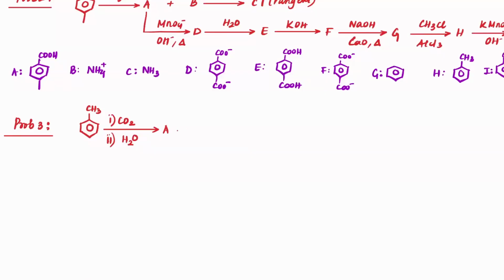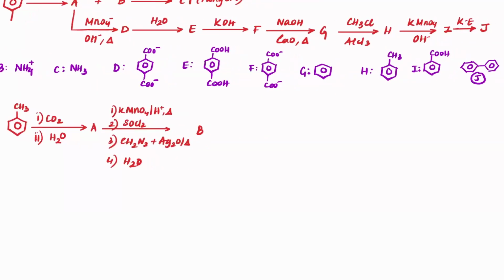We will get this as A and C. Then I'm treating with first KMnO4 in acidic medium and heat. Second, I'm treating with SOCl2. Third, I'm treating with CH2N2 with Ag2O and heat. Fourth, I'm performing hydrolysis to get B. Okay, I'm getting this as B.